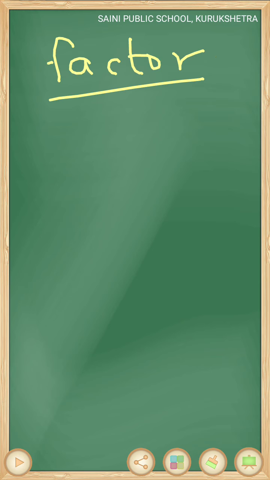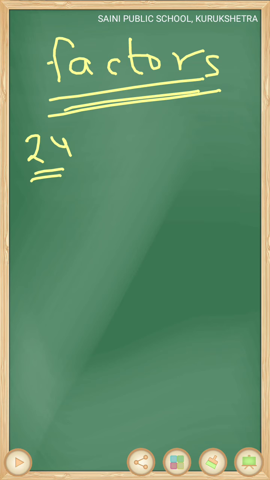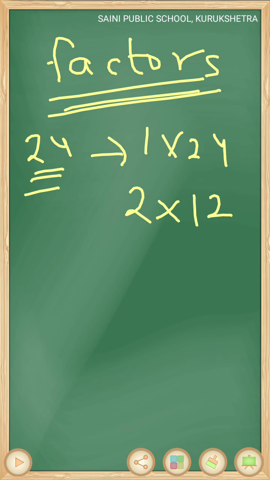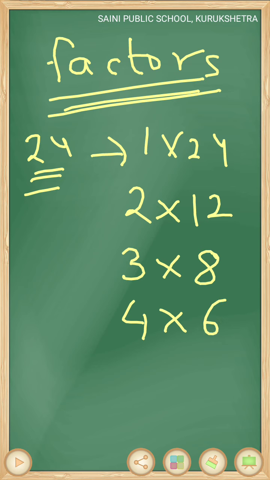For this, first of all we will revise what factors are, as we have already discussed. Let us discuss with the help of an example. Suppose we want to find the factors of 24. We can write it as a product of two numbers like 1 into 24, 2 into 12, 3 into 8, 4 into 6, and 24 into 1.